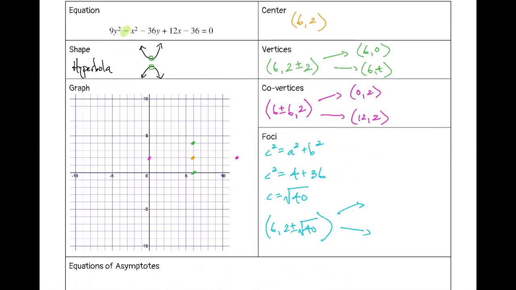So that's going to give us 6 comma 8.3, and 2 minus root 40 gives us 6 comma negative 4.3. And so I could draw those in. 6 and negative 4.3 would be down here, and 6 and 8.3 would be somewhere up here.